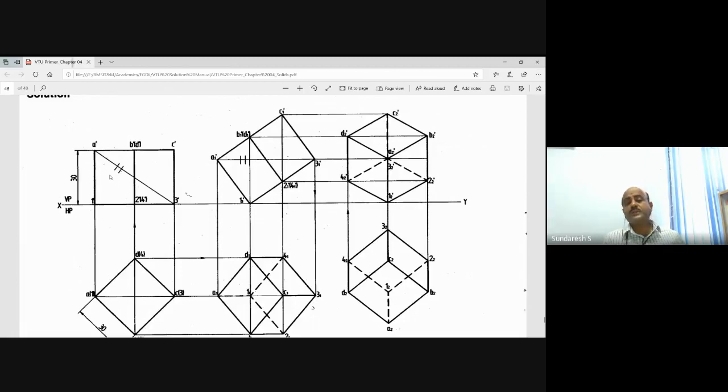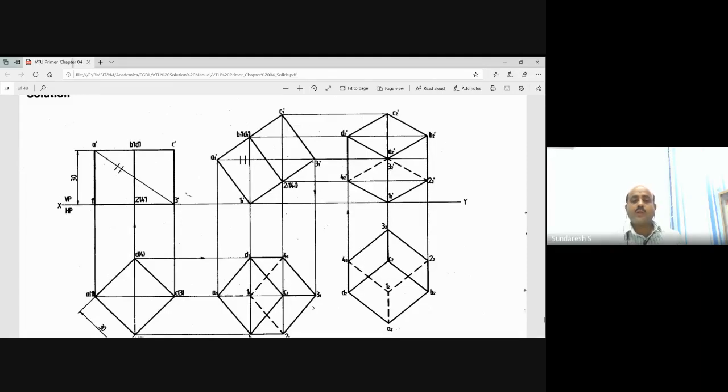So in the second position, we are making this A1 dash and 3 dash, this is A dash and 3 dash, a solid diagonal, right? You have to tilt the solid in such a way that A dash and 3 dash become parallel to the XY line. So you can look here in the second position, we are making this solid diagonal A dash 3 dash parallel to the XY line.